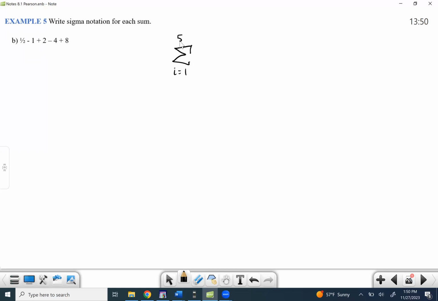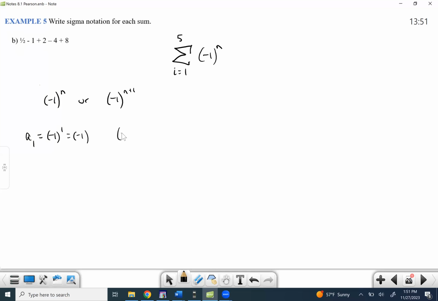All right, so you can tell that it's alternating in signs. So I know there's got to be some -1 to either an n or an n+1, right? So we have to check and see, is it this or is it this? Well, when I substitute in a 1, I end up with a negative, but the first term's not negative.